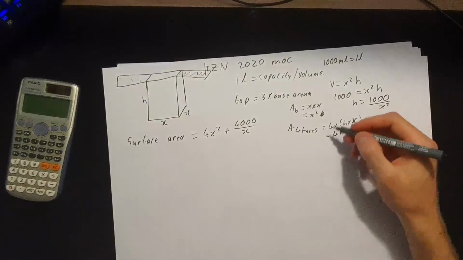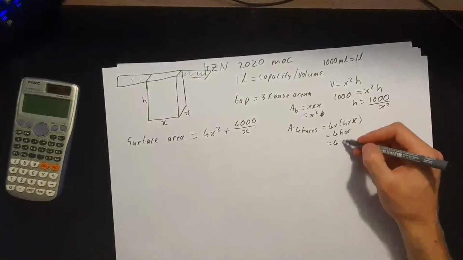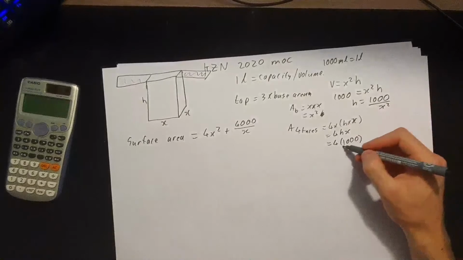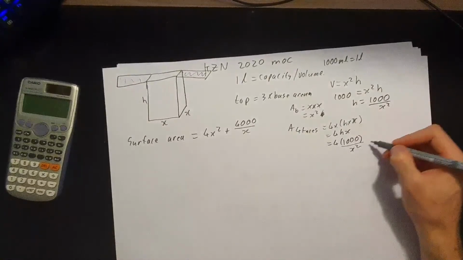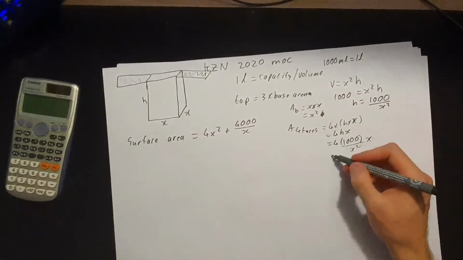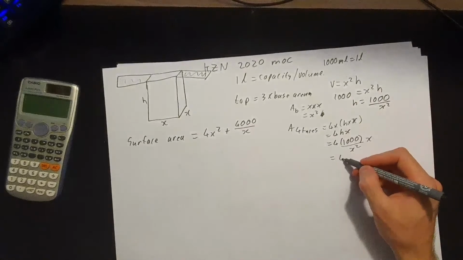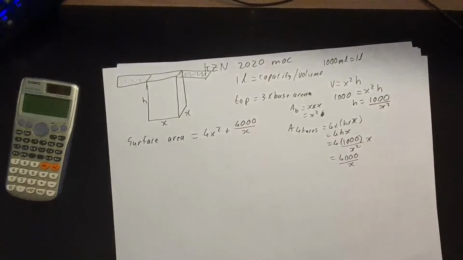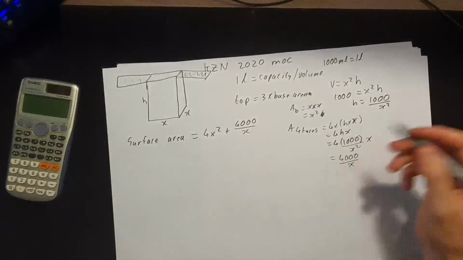So now this here becomes 4 times 1,000 over x squared, multiplied by x, which is just equal to 4,000 over x. Then we have the area of the top.